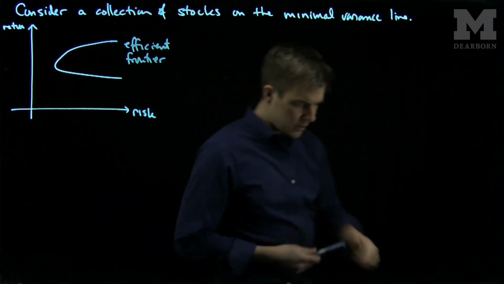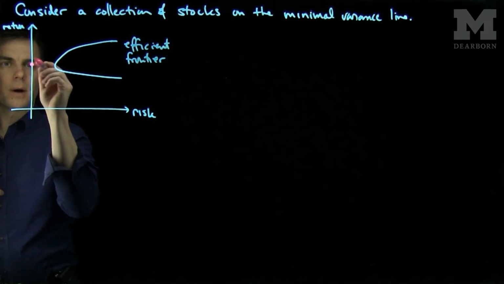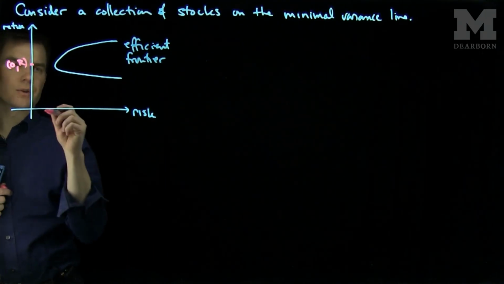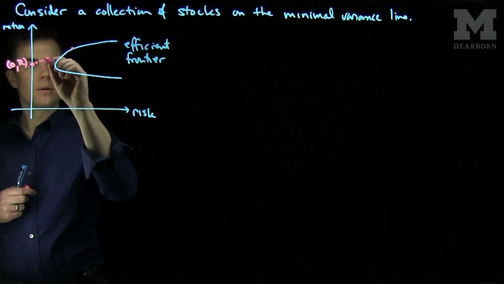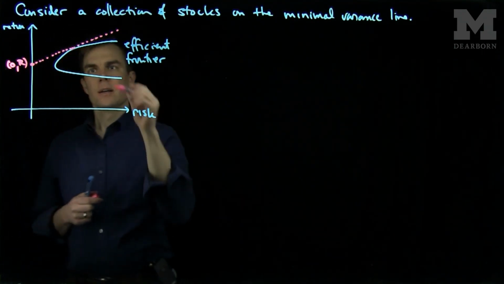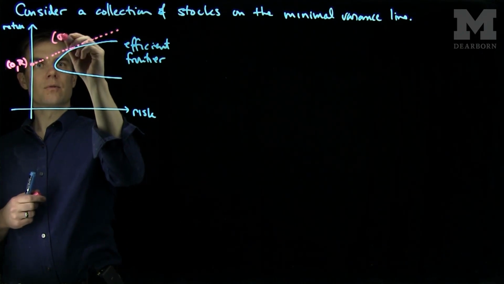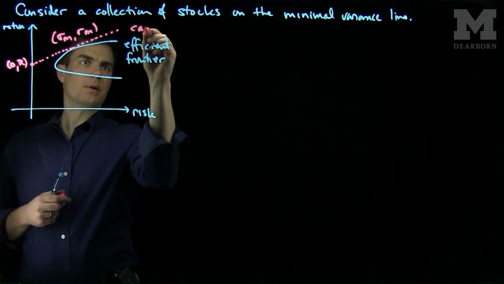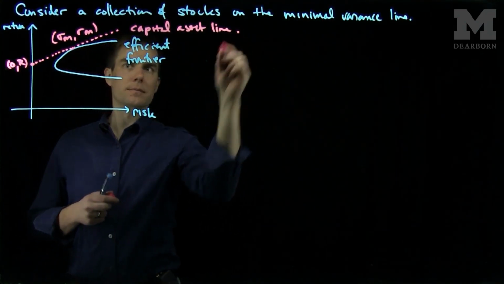If in addition to points on this efficient frontier, we have a bond with no risk and a risk-free rate of return R, if we connect the bond to the efficient frontier on a line, this line will intersect the efficient frontier at a point that has risk sigma m, Rm, and this line is the capital asset line.